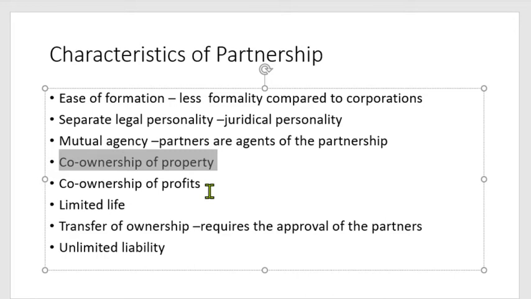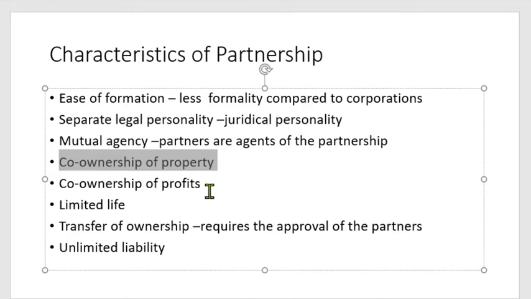stipulate that one or more partners cannot share in the profit and loss of the partnership because essentially, 'di ba, yung part ng definition ng partnership is the division of profits with the intention of dividing the profits among themselves.